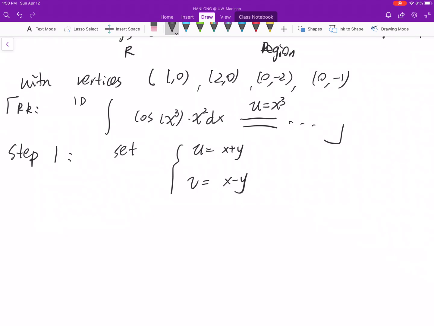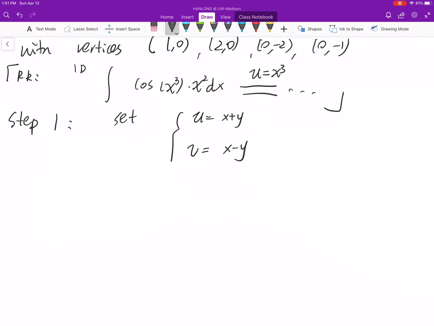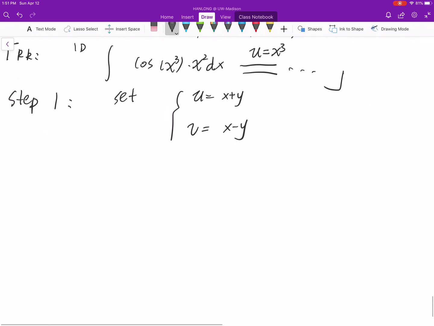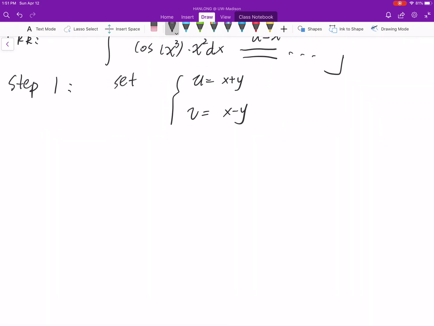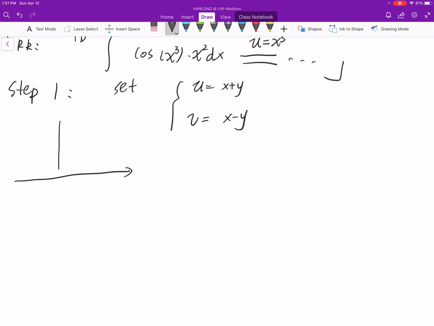So no matter what the other side is, no matter what the rule is, you just follow it to figure out the picture. So let's go step by step. Okay, what you have now is the region in the xy plane. So you have (1, 0), (2, 0), (0, -1), (0, -2).